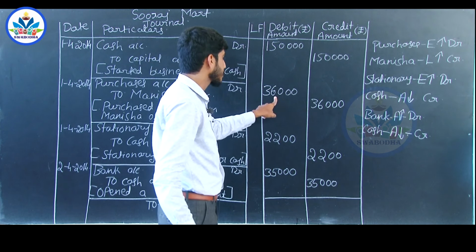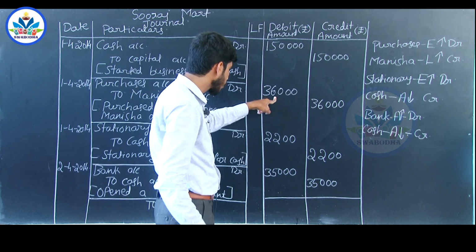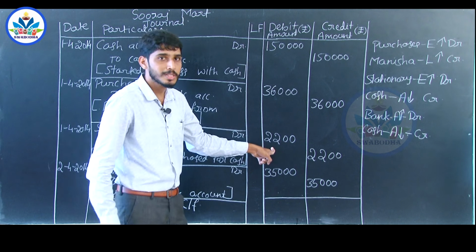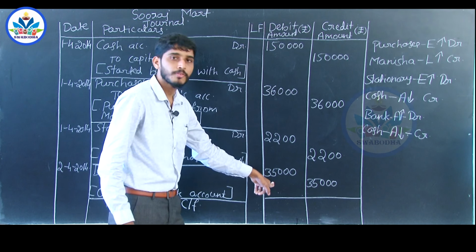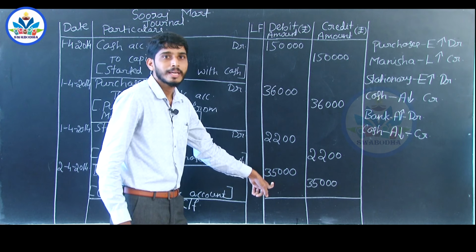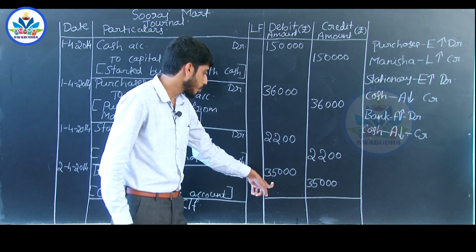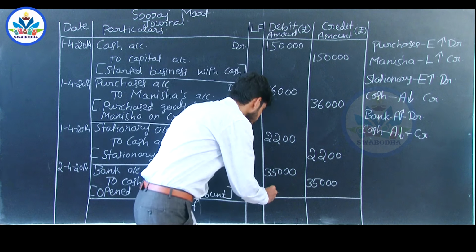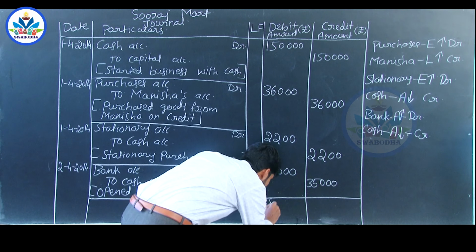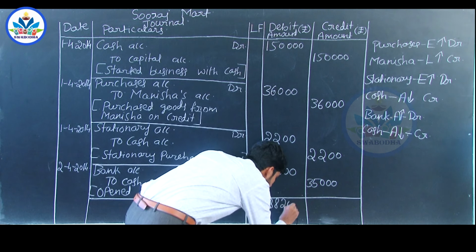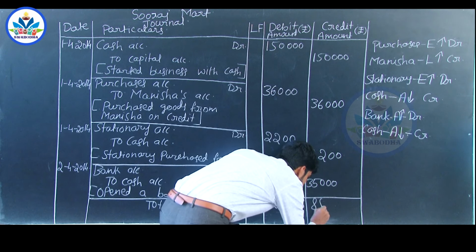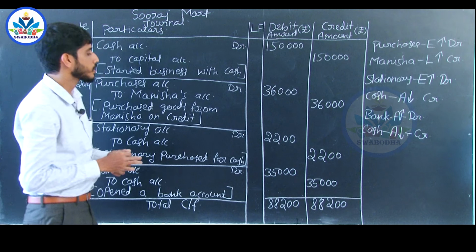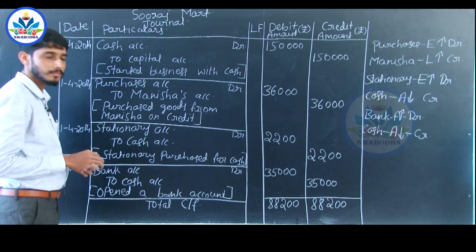15,000 plus 36,000 is 51,000 plus 2,200, 53,200 plus 35,000, 88,200.